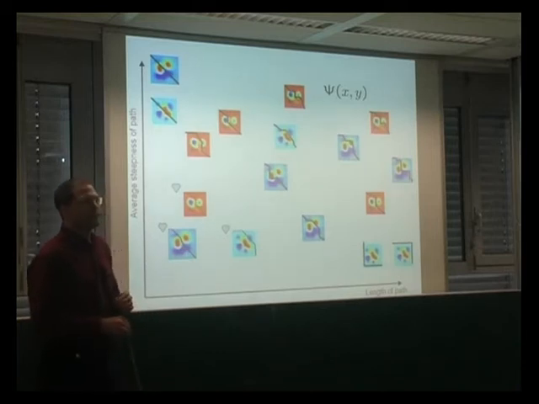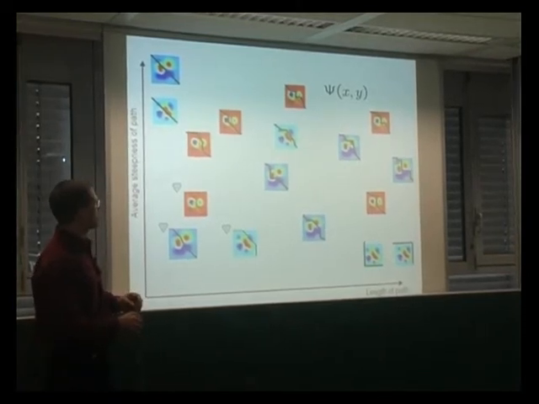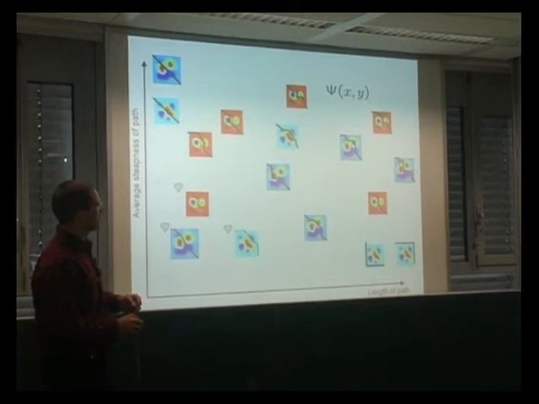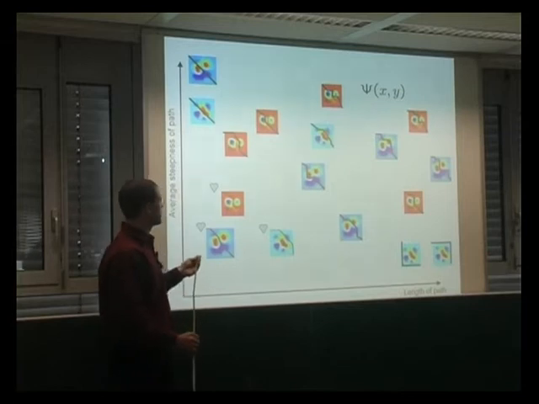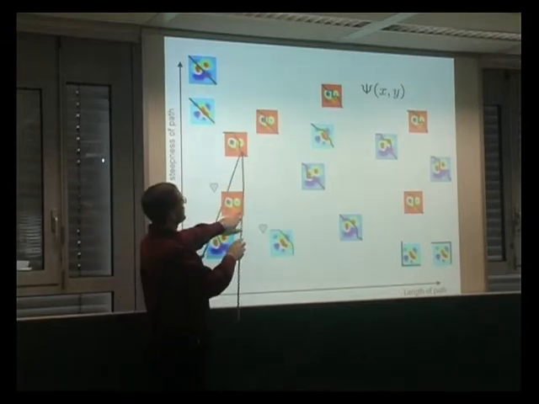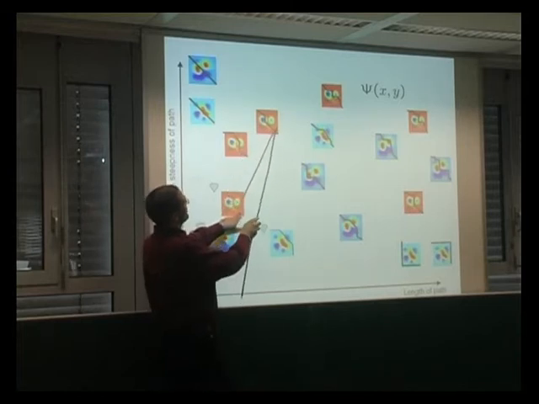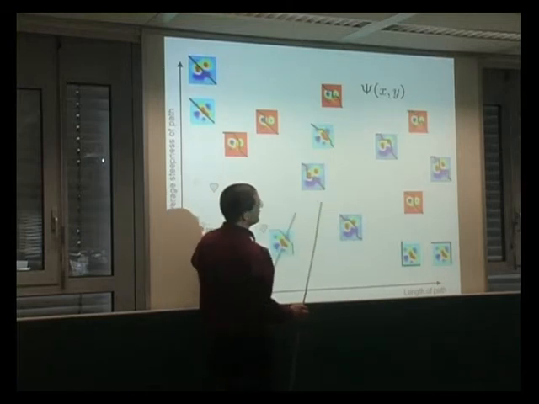And now, if you want to treat this as a learning problem, the naive way would be to treat this as a multiple class classification problem. So you could say, this is the good class, and this is one bad class, and this is another bad class, and this is another bad class, and so on.